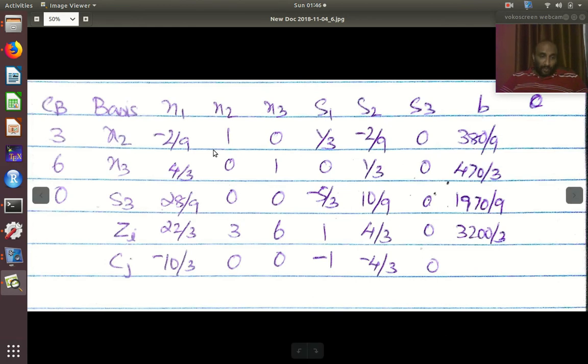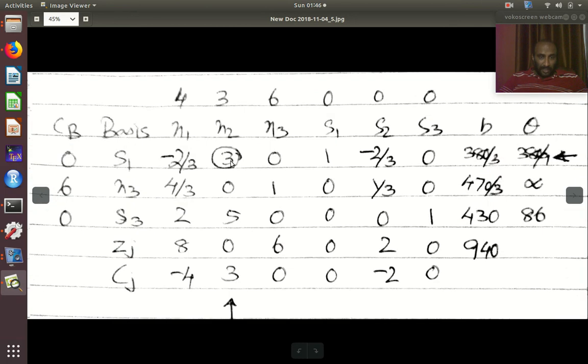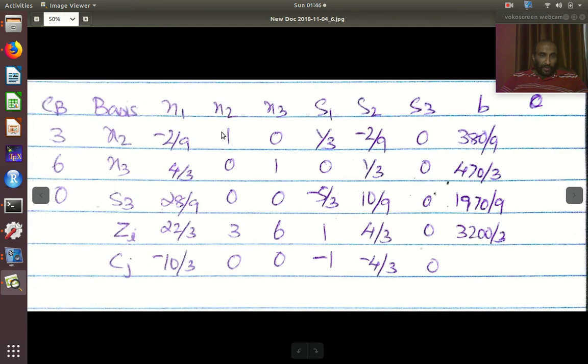Again, this is x2 and s1, and this is our pivotal value. We will make this 1 and the others 0. The same row operations we will do, and we have the corresponding values 380 by 9, 470 by 3, 1970 by 9, and correspondingly 3200 by 3.